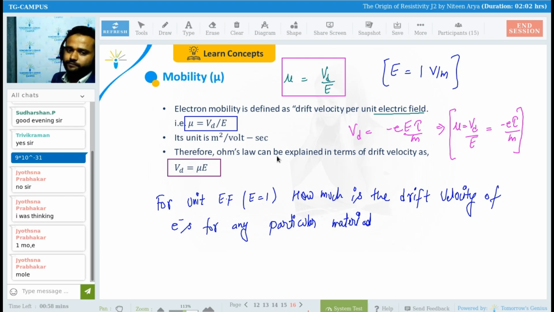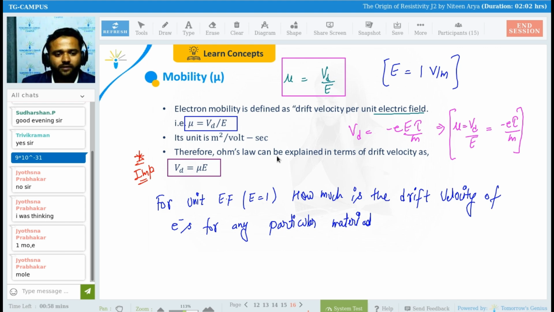They can ask you directly to write Ohm's law in terms of mobility and drift velocity. So that is your important relation, and from this direct relation, numericals are going to be formed also.